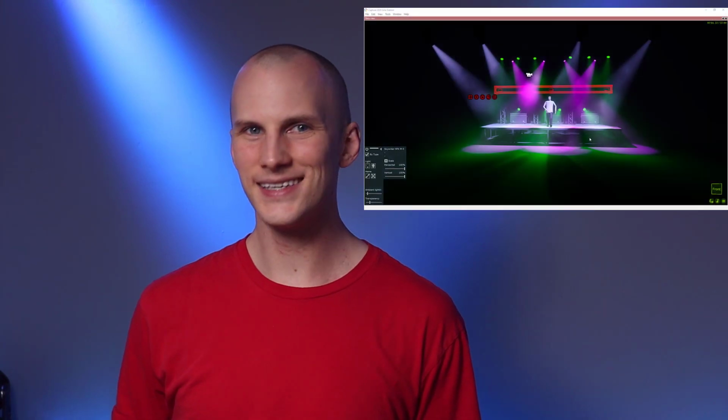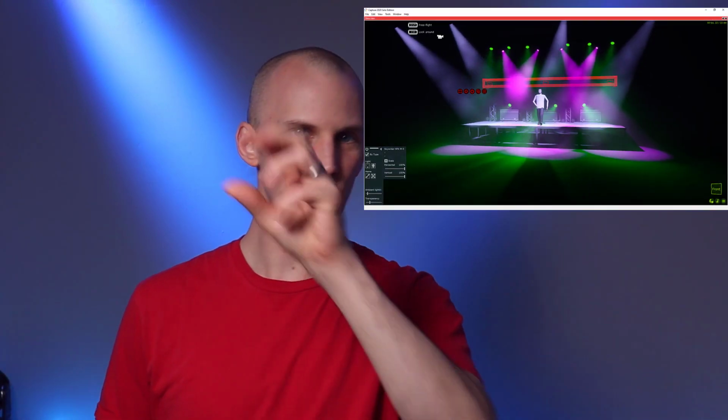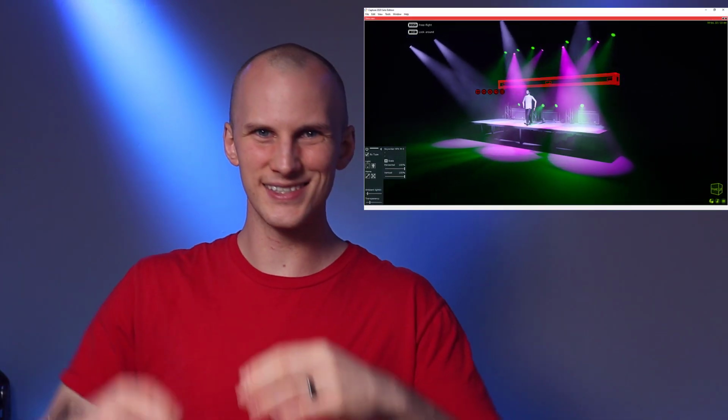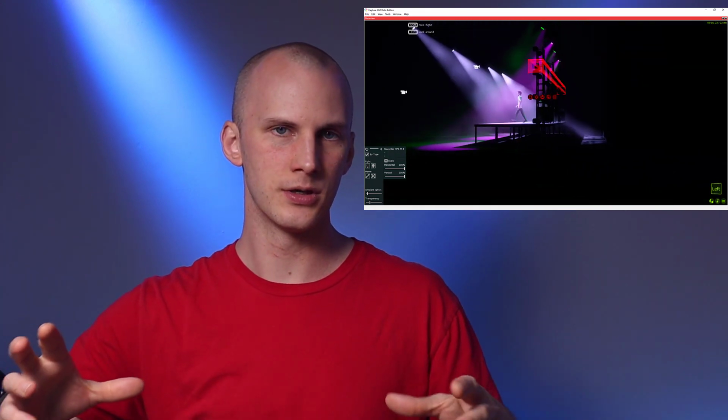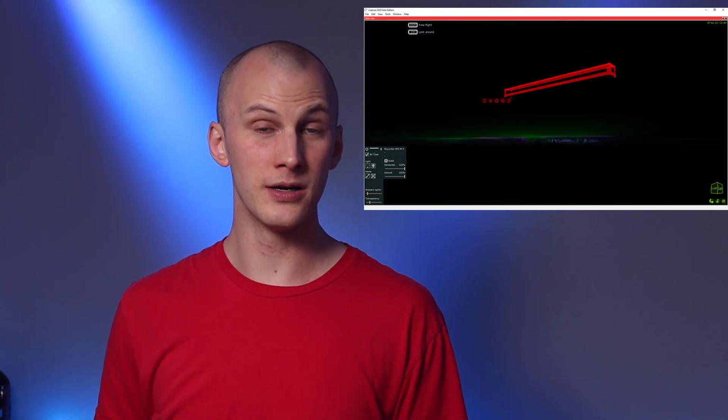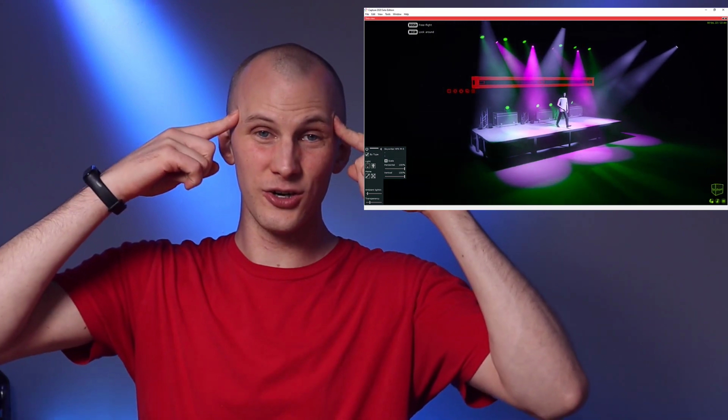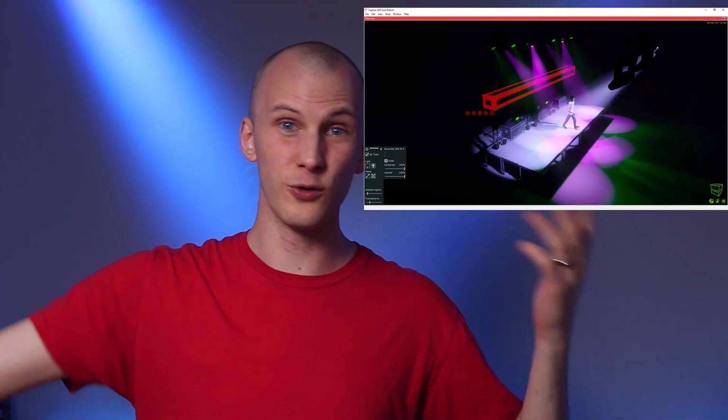So, visualizing lighting. 3D visualizers are cool and they're really fun. And they're a really great tool for a couple of really primary reasons, okay? Number one is conceptual. It is getting in the computer and moving things around a space, trusses and lights and scenic pieces, to be able to determine if what you're thinking in your head makes a cool design before you go put in the labor to carry it out.